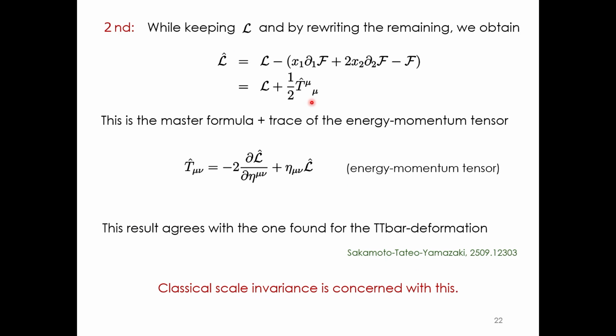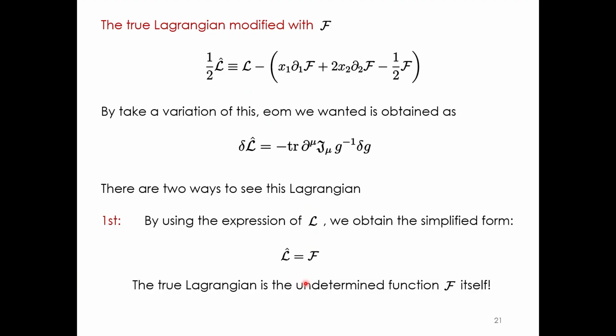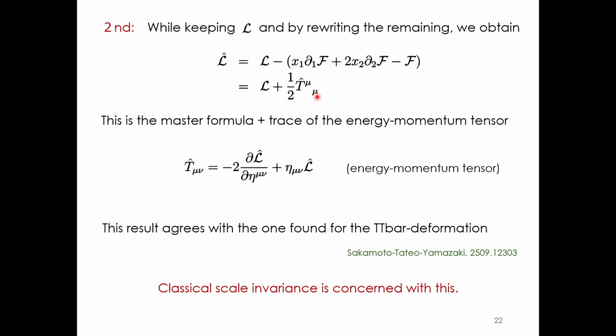So this is the second interpretation. We can see this L hat as F itself, or equivalently, the original master formula Lagrangian has been corrected by adding the trace of the energy momentum tensor.